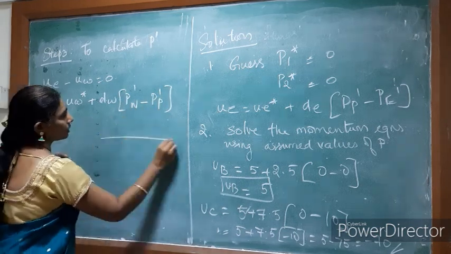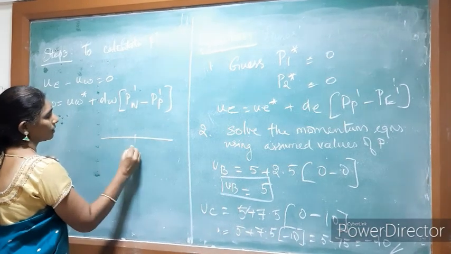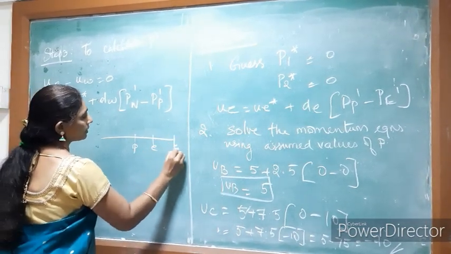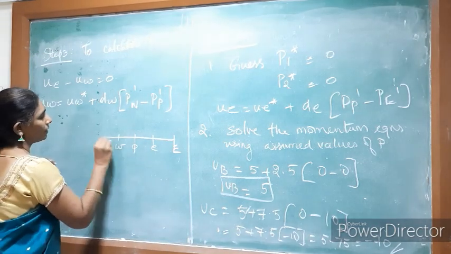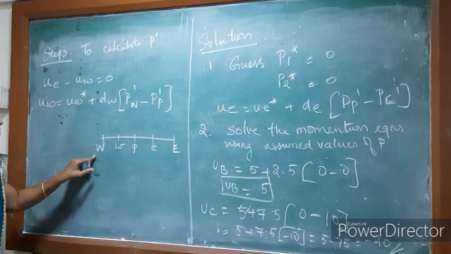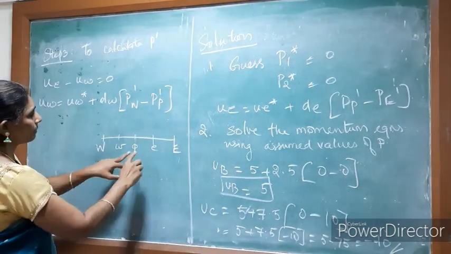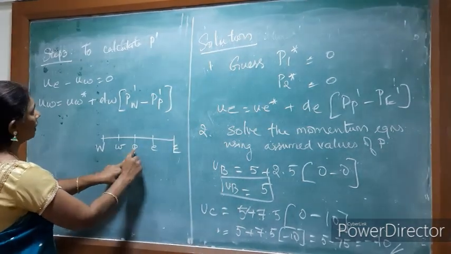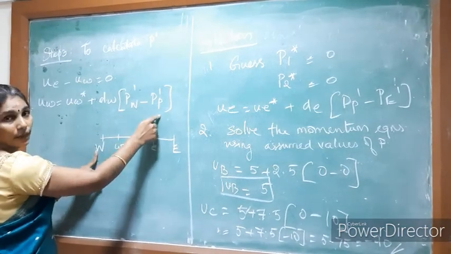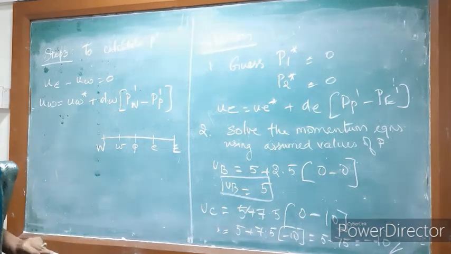I can show you the reference points. So this is point P, this is E, this is uppercase W, and this is W, smaller w. So here we have taken PP minus PE. Now for this it's going to be PW minus PP dash. So that is why I have written it.